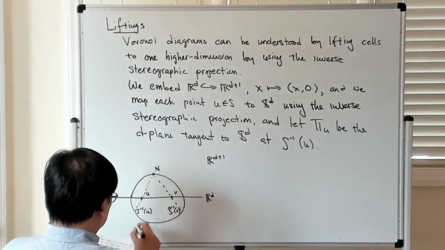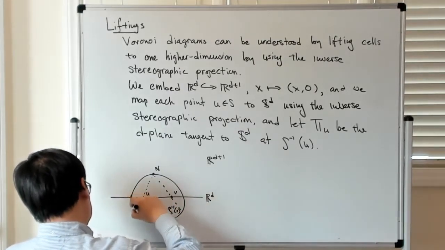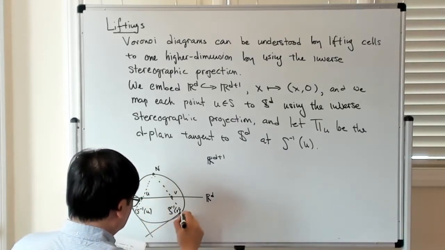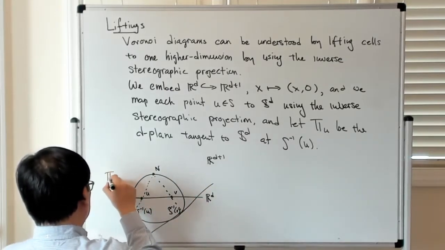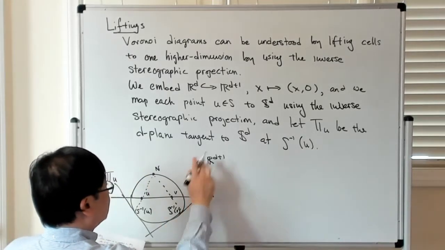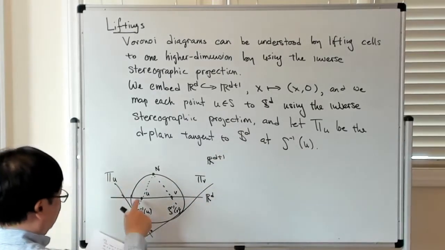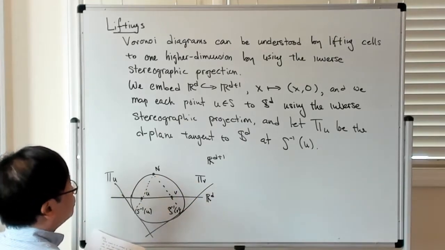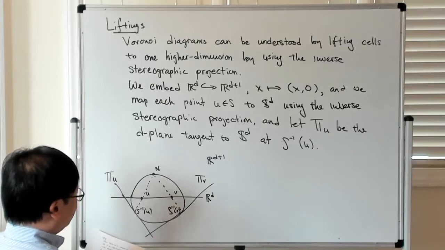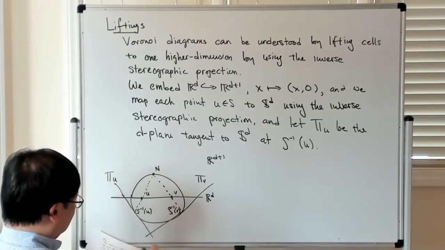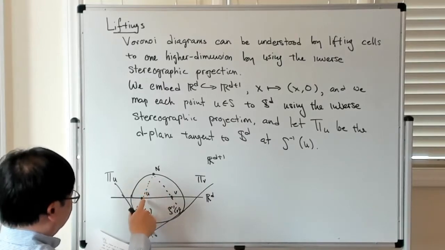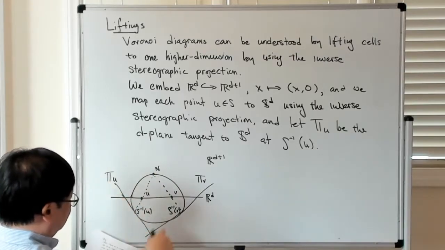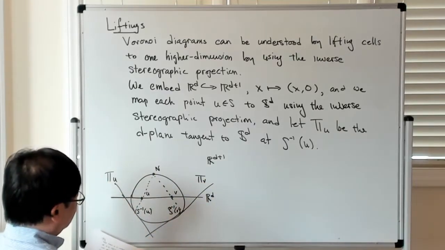Okay, and then there are tangent planes to this, which I call pi_u and pi_v. So this is where we're at right now. We have points in R^D, we have the sphere which is used to define stereographic projection, and we have the inverse stereographic projection, which maps u to this S^D. And then we have the tangent planes, which are tangent to that sphere.